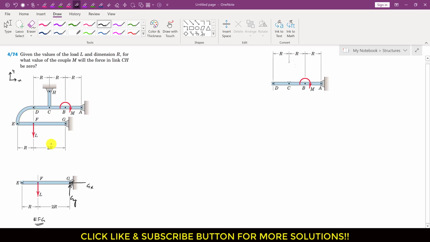What will happen is that this EFG member will apply a force on this ED member in the downwards direction, and the direction of that force will be like this. As a reaction, this ED member will apply a force in the opposite direction. Let's say that this is the force applied by that ED member, the ED force.